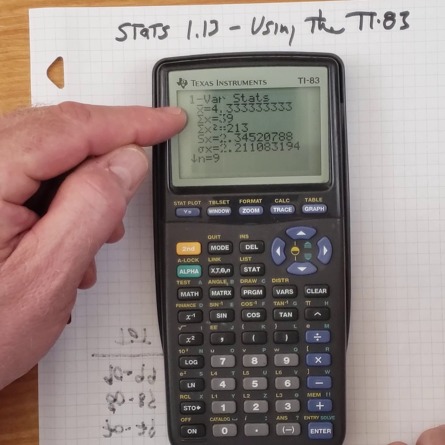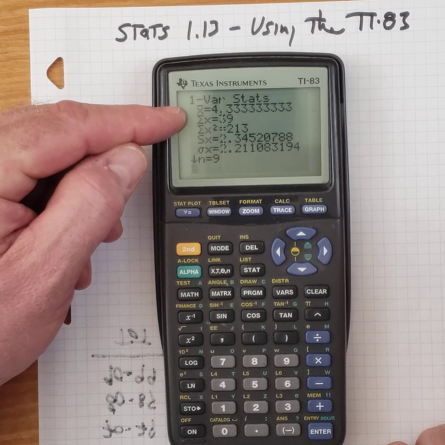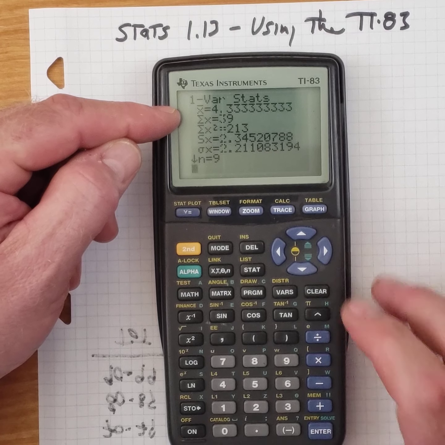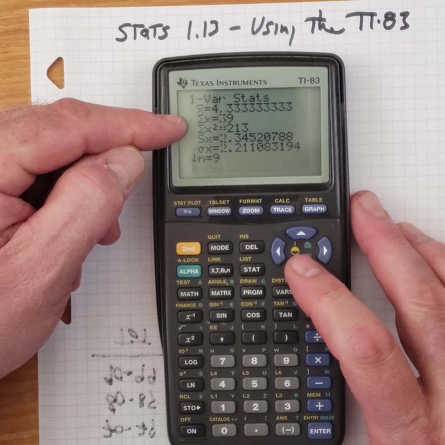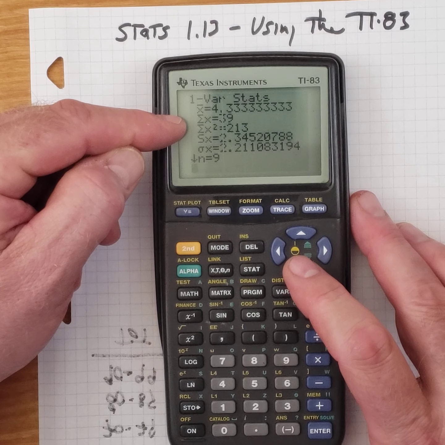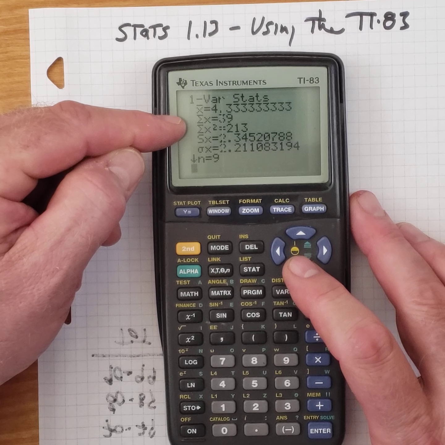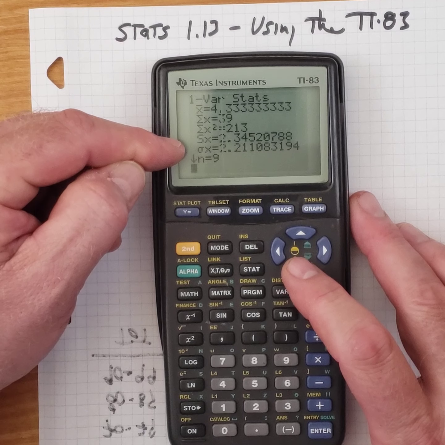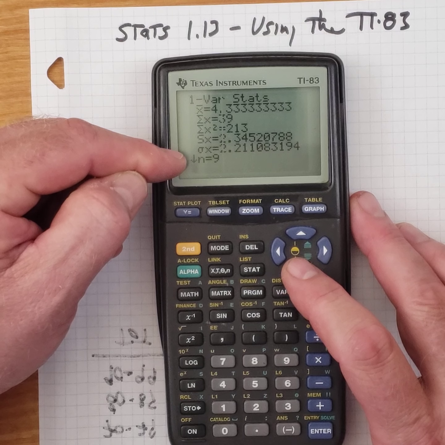It tells us that X bar is 4.33333, which is what we had before. That's the mean. Okay, X bar is the mean. Sigma X, that's what we got when we added all of them together, right? We got 39. Sigma X squared is something you can ignore. S of X you can ignore also.